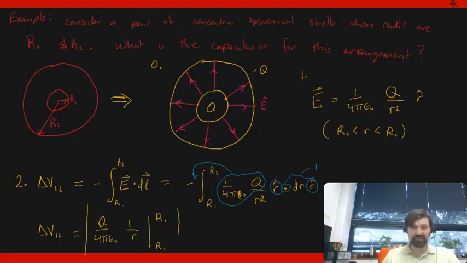So you can put an absolute value sign around the whole thing if you'd like. So what that ends up giving us when you evaluate is q over 4 pi epsilon naught times 1 over the smaller radius minus 1 over the larger radius.